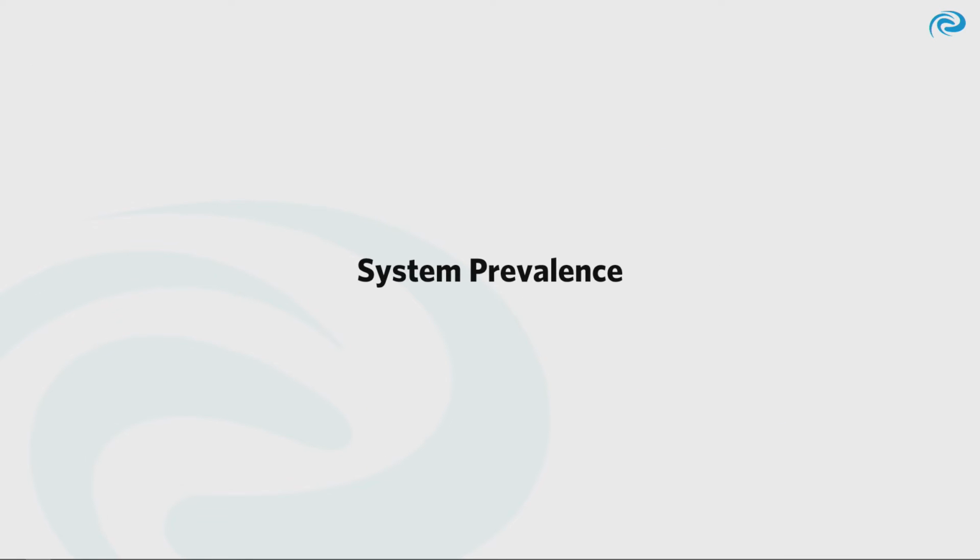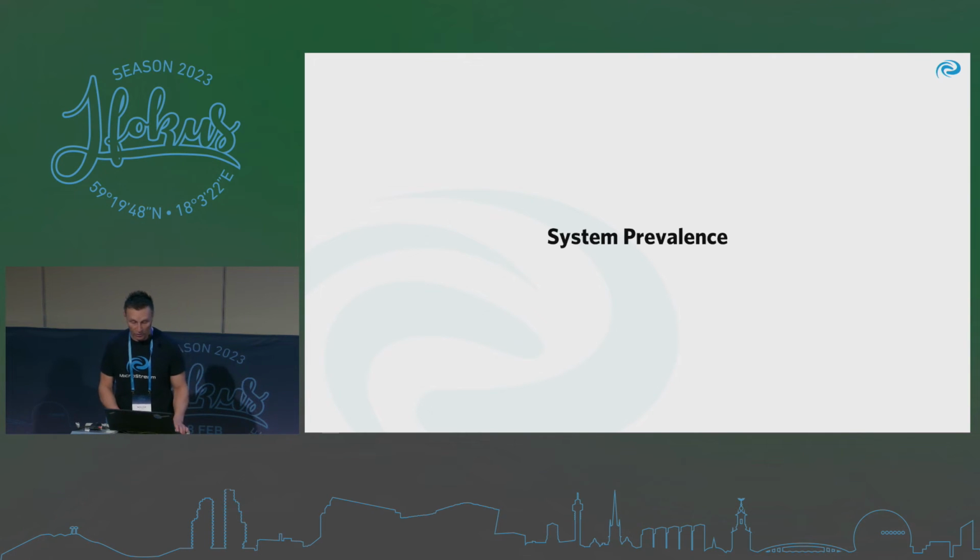There is another interesting solution, and this is called system prevalence. This concept is known for decades actually, and this is a very interesting functional principle, and this uses the Java power.